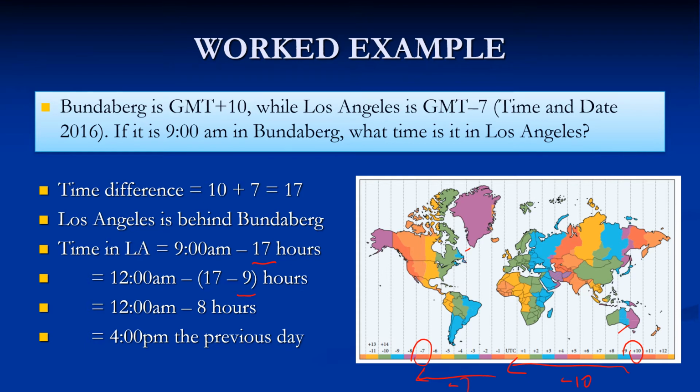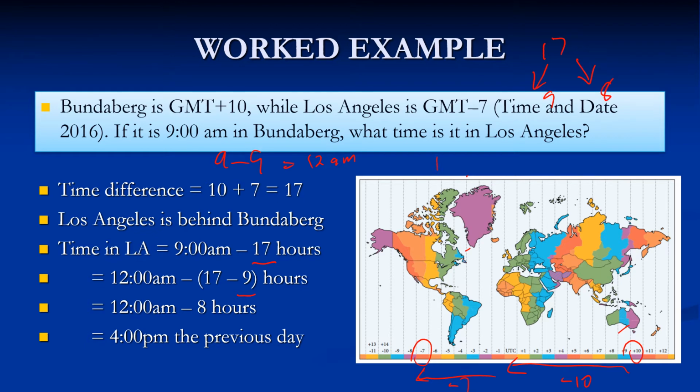The way I tend to work it out, folks, is if it's 9 a.m., I say, well, 9 take 9 is going to be what? Midnight, so 12 a.m. And then I've still got to minus the rest of the 8 hours, haven't I? So 17 is broken up into that 9 and that 8.